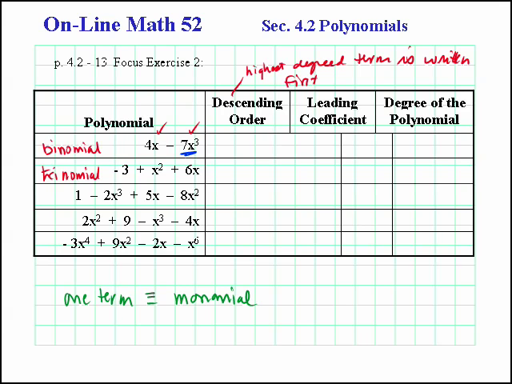And that term, we cannot ignore the fact that there's a minus sign in front of it. That is a negative 7x cubed. So I'm going to write that as a negative 7x cubed. The first term is a positive 4x, but if we switch these terms around like we're doing, that 4x has to come on the other side and is represented by plus 4x. It indicates that it's a positive 4x.